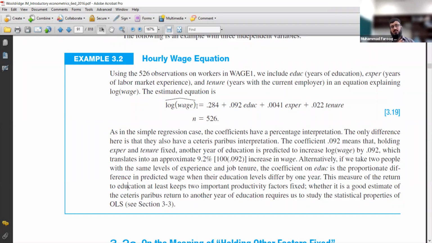So these are the three right-hand side variables. Anyone who would like to interpret? We had a sample of 526 individuals from the US labor market, and we estimated this regression. The results are reported in front of you. And so if I may go up a bit.